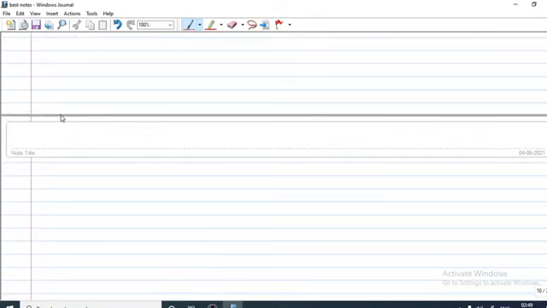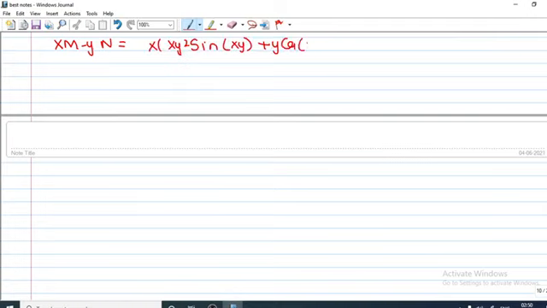After this, what we can do? Go for xM minus yN. So xM minus yN will be nothing but x into M, which is xy square sin xy plus y cos xy, minus y into x square y sin xy minus x cos xy.